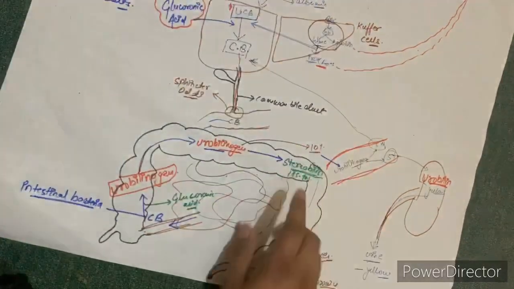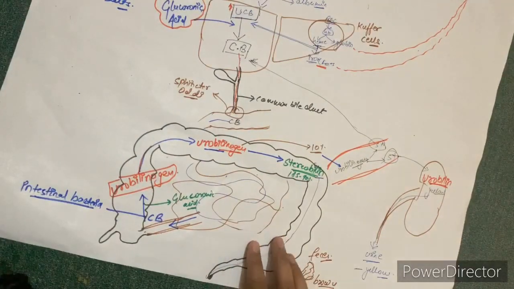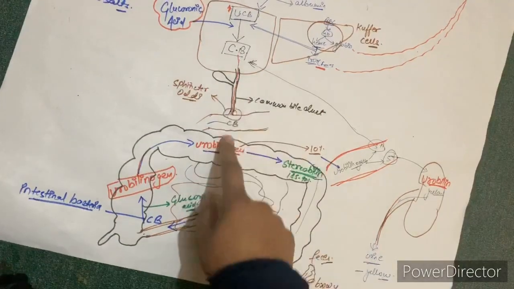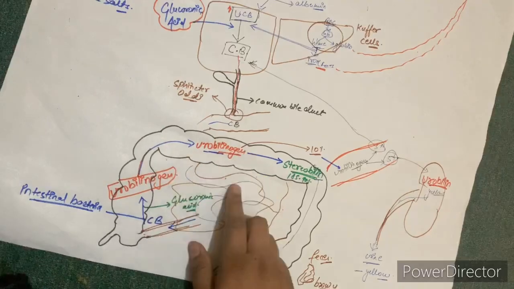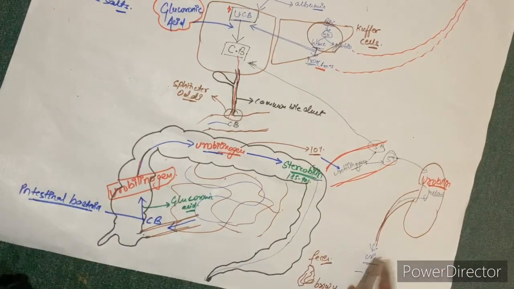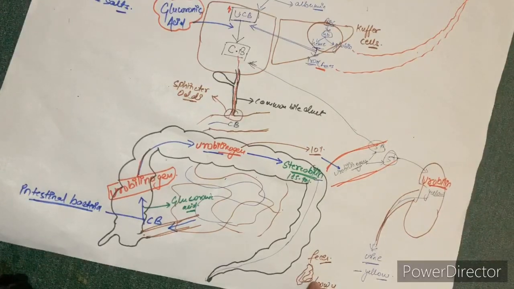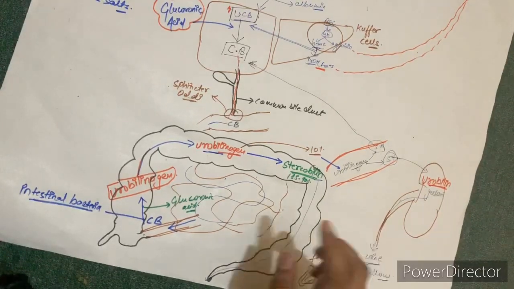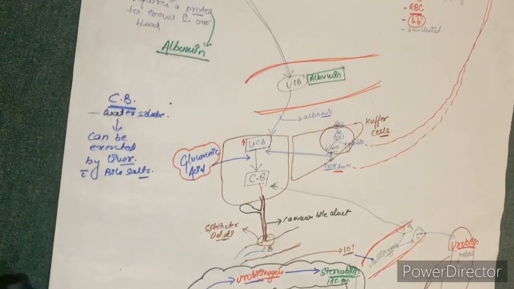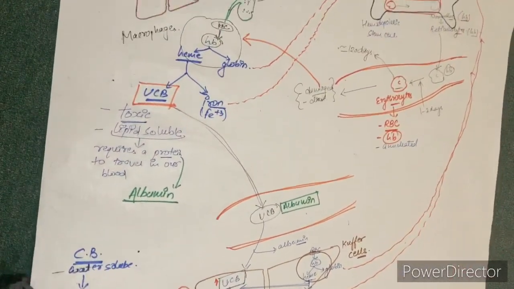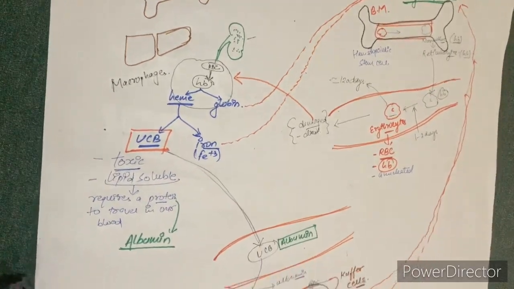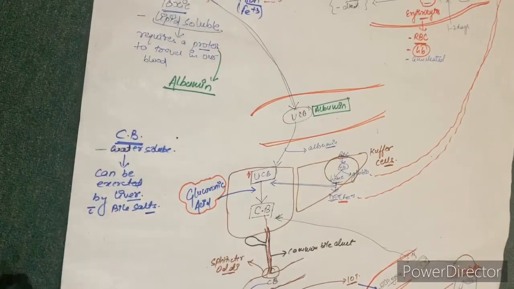So from here we get an idea that if the metabolism of unconjugated bilirubin occurs, then at the end a yellowish orange color of the urine and a brownish color of feces occur. This is all about the metabolism of bilirubin.